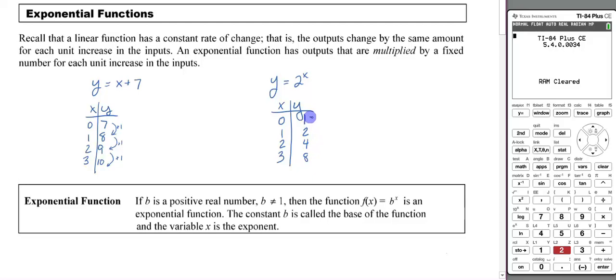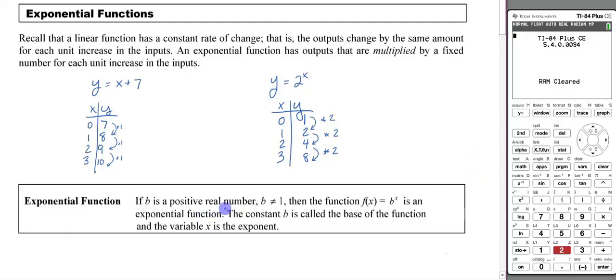So we're not adding the same amount every time on the outputs. In fact, we are multiplying by a fixed number, and that number here is 2. 1 times 2 is 2. 2 times 2 is 4. 4 times 2 is 8, and so on. And that's what makes this function exponential.